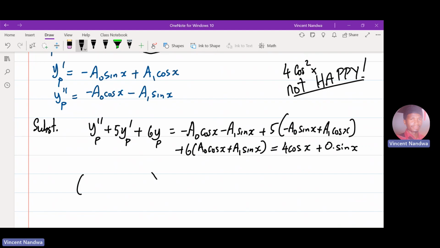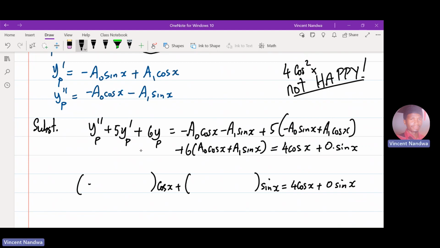So I want you to open brackets and simplify and tell me what will be the coefficient of cosine and sine. Yes, cosine will be, what should I write in the brackets?